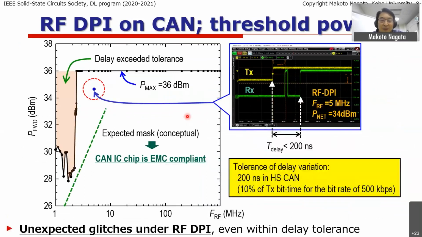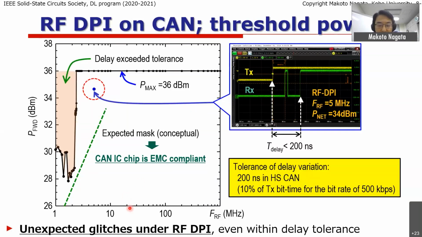Another aspect of the EMC, in this case, is that the EMS susceptibility or the immunity of the system is measured in a real device. In this case, CAN. This is one of the wireline techniques used especially in the car or robotics environment.